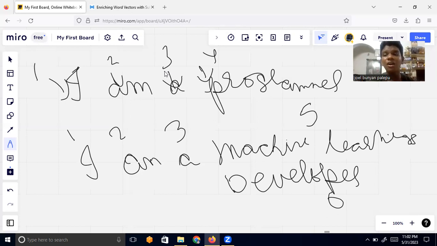That is our goal, right? So how can we do that? We should give some representation to each word, and these representations should make sense. Words that are similar should have similar representations. So that is our goal.